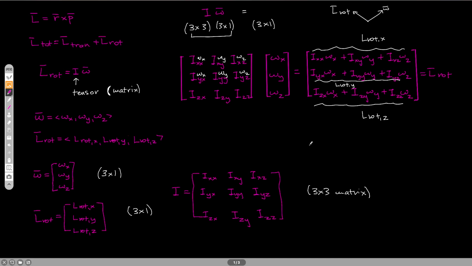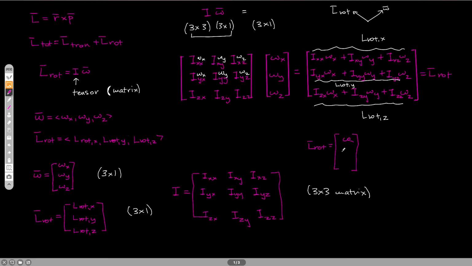If I want L rotational to be pointing in the same direction as omega, then I need to have a number times omega x for the x component.